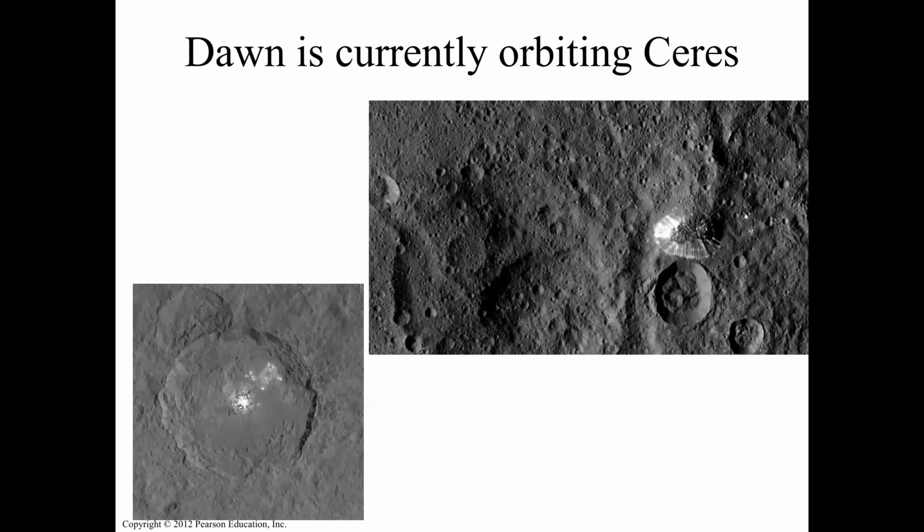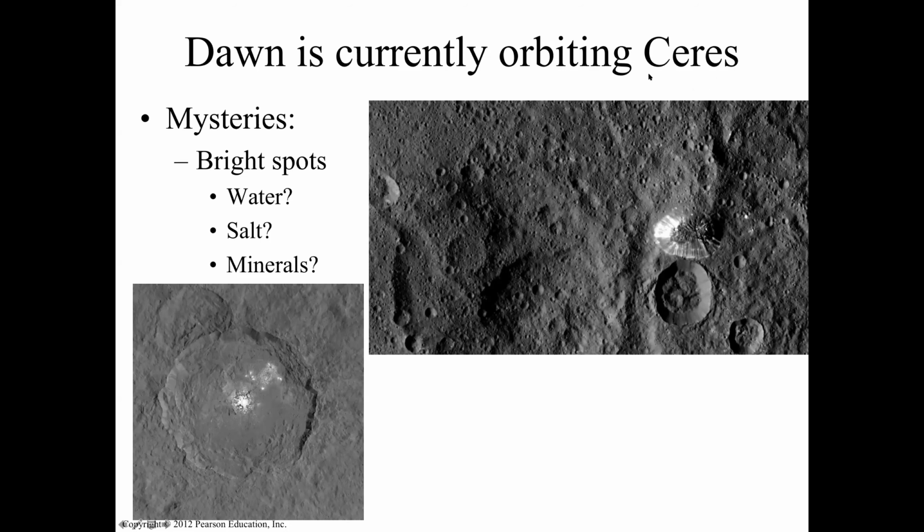Now, Dawn is currently orbiting Ceres. Ceres is the biggest asteroid in the solar system, as we just talked about. And when you're looking at this, there are some mysterious things that catch your eye. The first one is these bright spots. What are those?